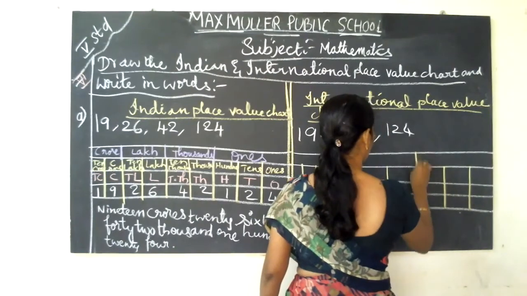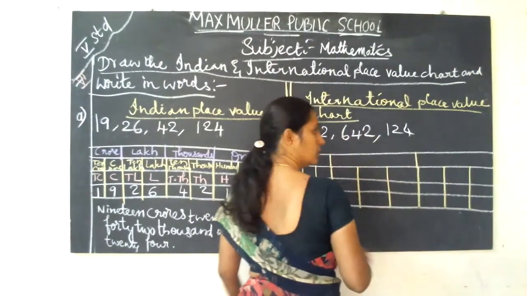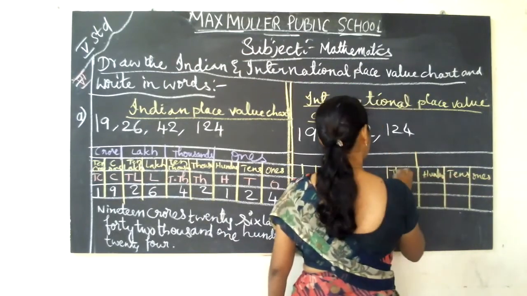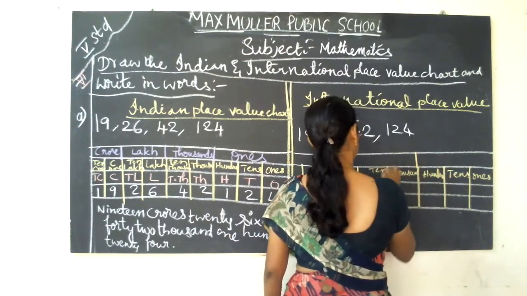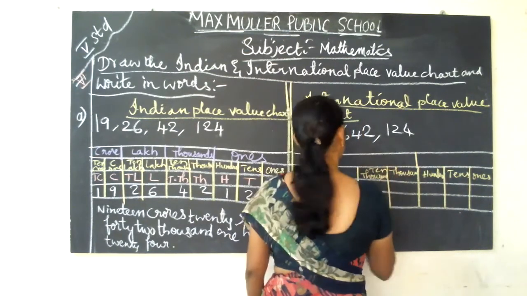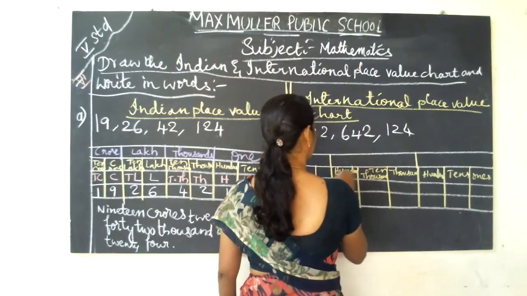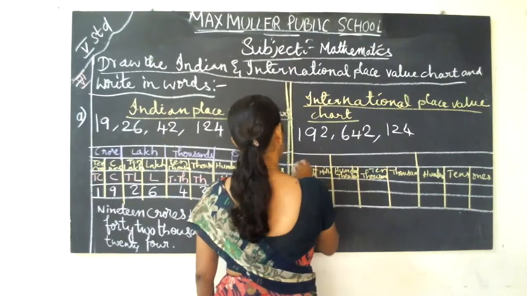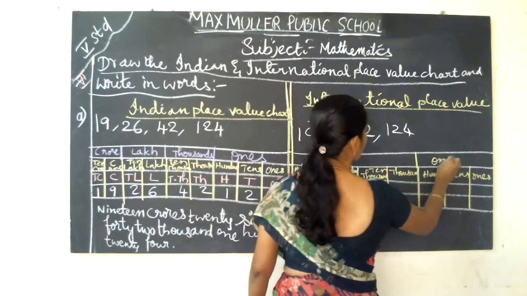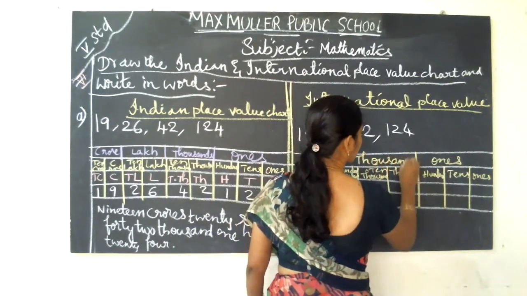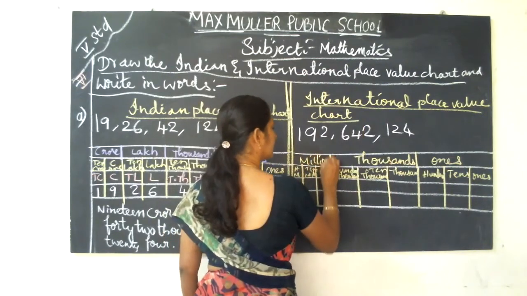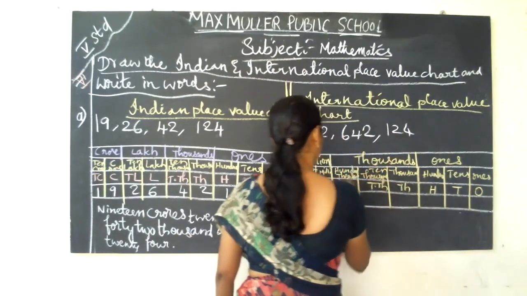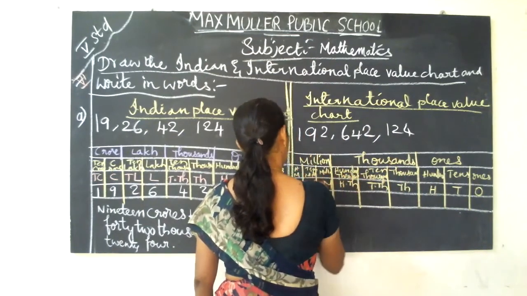So ones, tens, hundreds, one group. 1,000, 10,000, 100,000, one group. Then million, 10 million, 100 million, the next group.